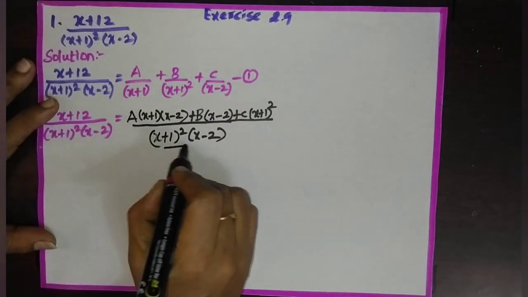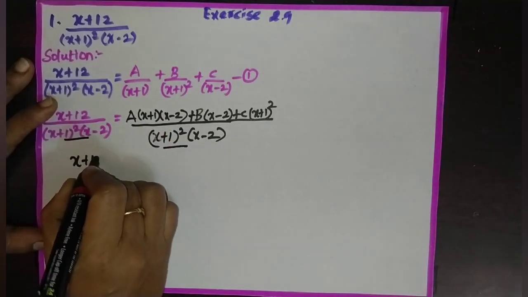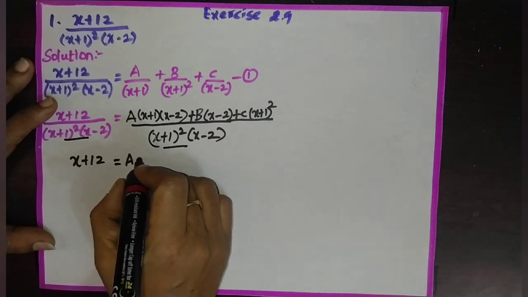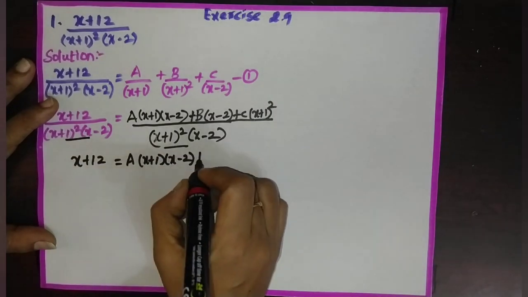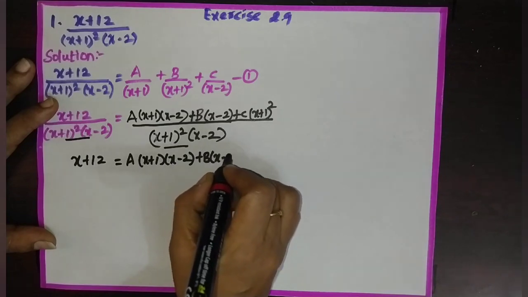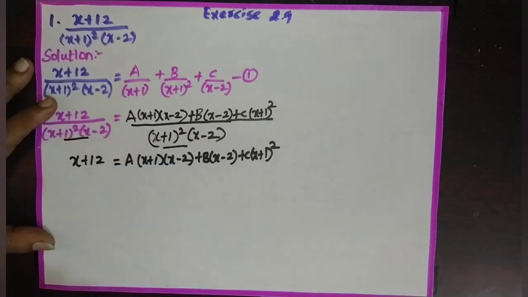Since we have the same denominator, we can equate the numerator. Then we get x plus 12 equal to a into x plus 1 into x minus 2 plus b into x minus 2 plus c into x plus 1 the whole square.